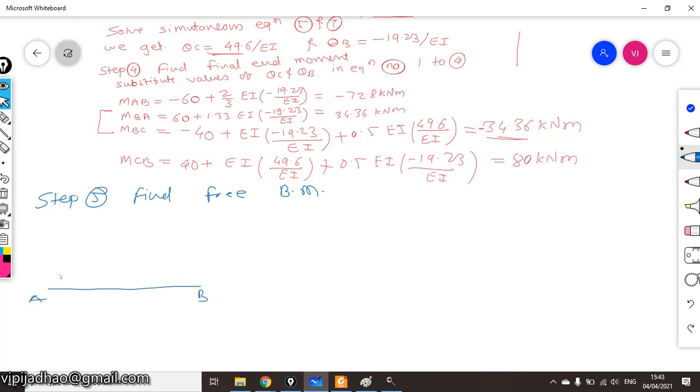For span AB, since the loading is uniformly distributed, this will be equal to WL square divided by 8.